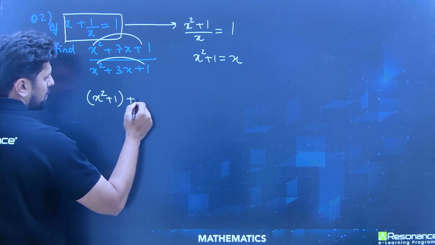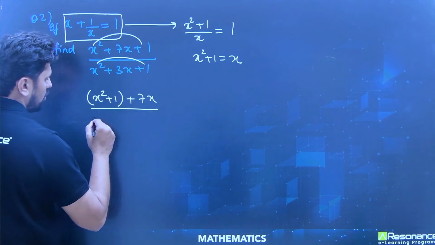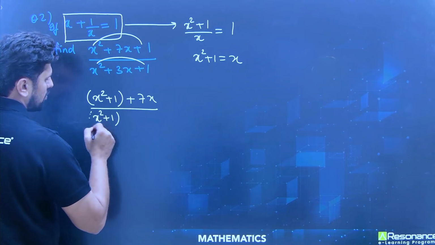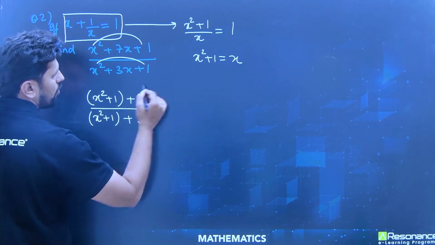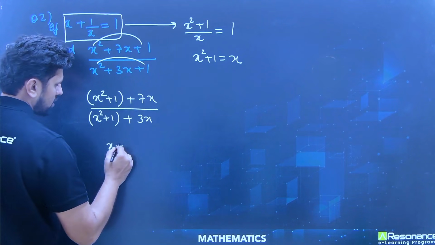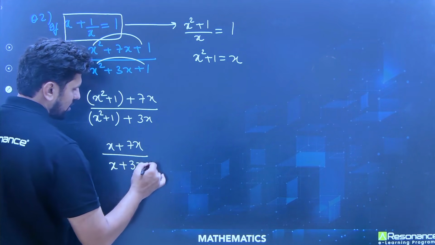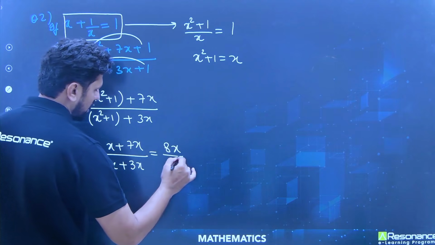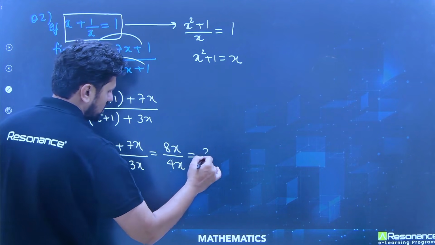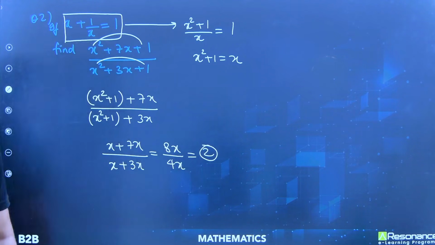So x square plus 1 plus 7x upon x square plus 1 plus 3x. And what is x square plus 1? x. So x plus 7x upon x plus 3x. That is equal to 8x upon 4x, which is equal to 2.